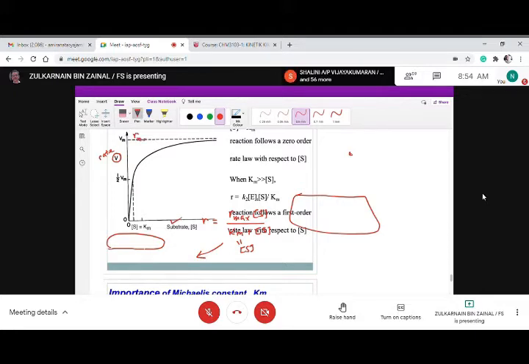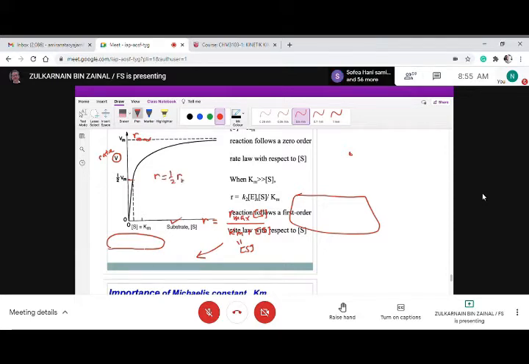This is the maximum rate. And at concentration of substrate equal to the Michaelis-Menten constant, you'll find that the rate is half of the maximum rate.